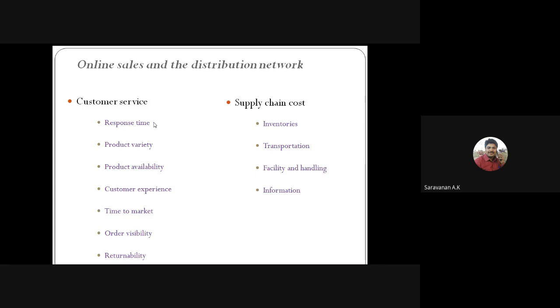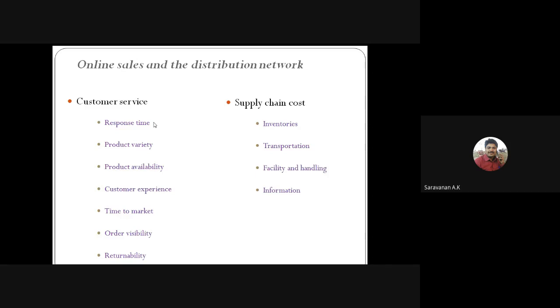For the product variety in a retail store, they require a huge amount of facility, and they also have a large amount of inventory. But in online stores it is not there, so the inventory and facility will be somewhat less compared to digital format products.